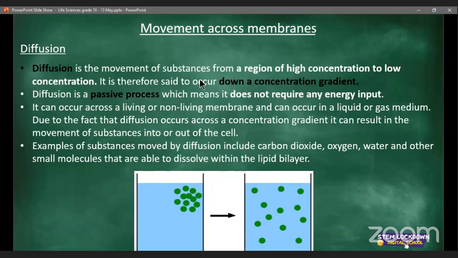So that is what we mean by along or down a concentration gradient. So diffusion is a passive process. You should know what we mean by passive process, which means that it does not require any energy input.